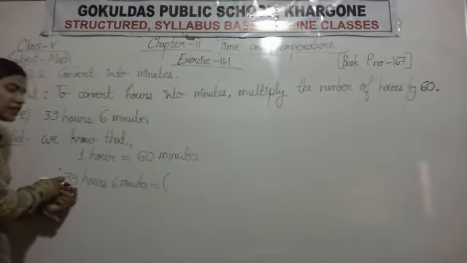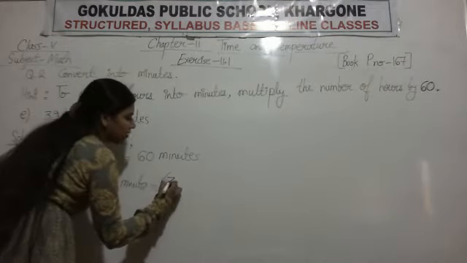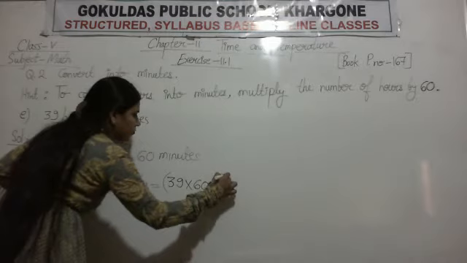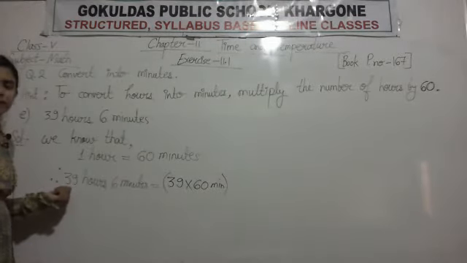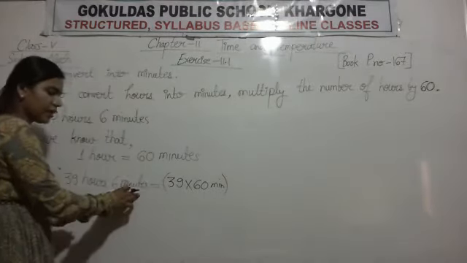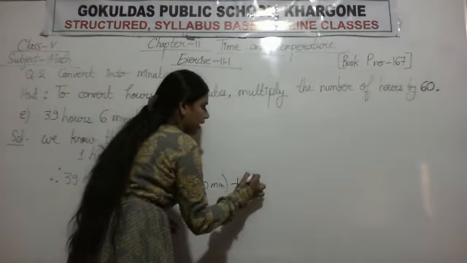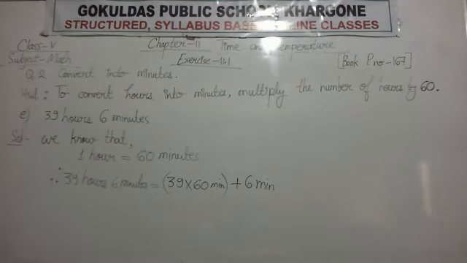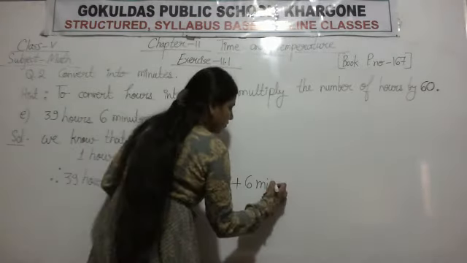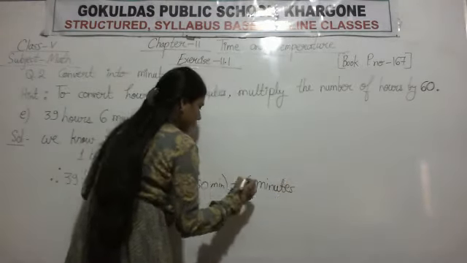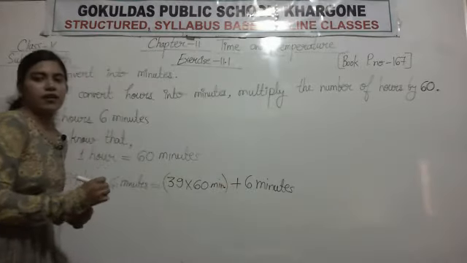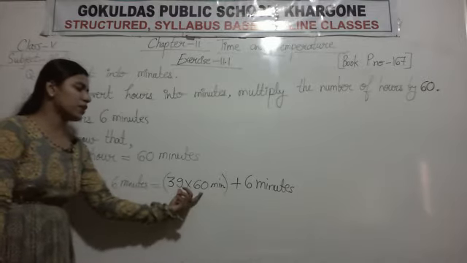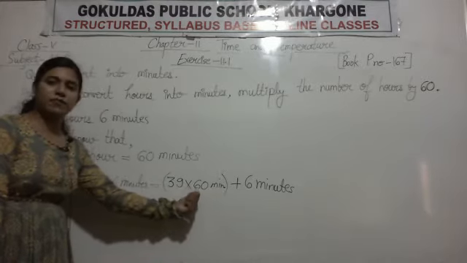So we are converting 39 into minutes. So we will multiply 39 by 60 minutes. Right? 6 is already in minutes, so we will write 6 minutes as it is. Okay. Now solve in the next step. Solve the bracket first. Arrange both the numbers 39 and 60 column wise and multiply them.